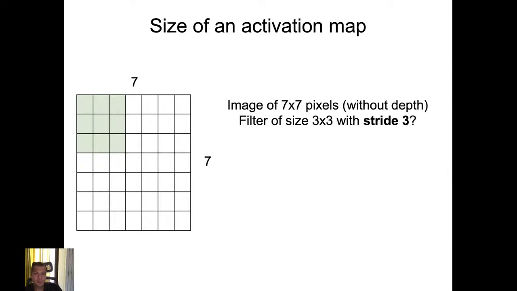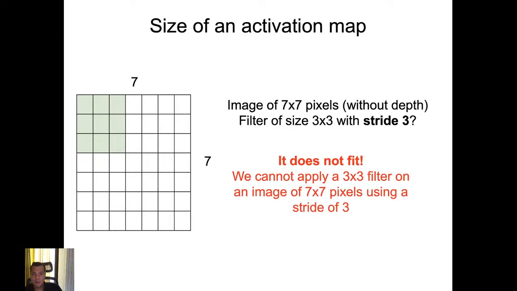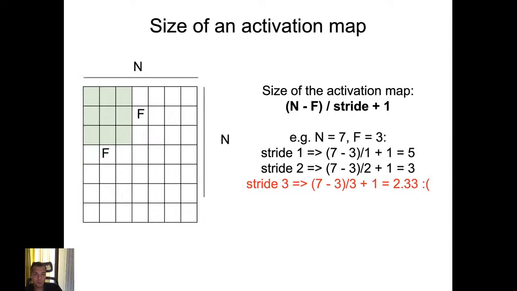For example, you can apply the filter here, and you can also apply it here, but then here you will not be able to apply the filter because you have no components on this part.